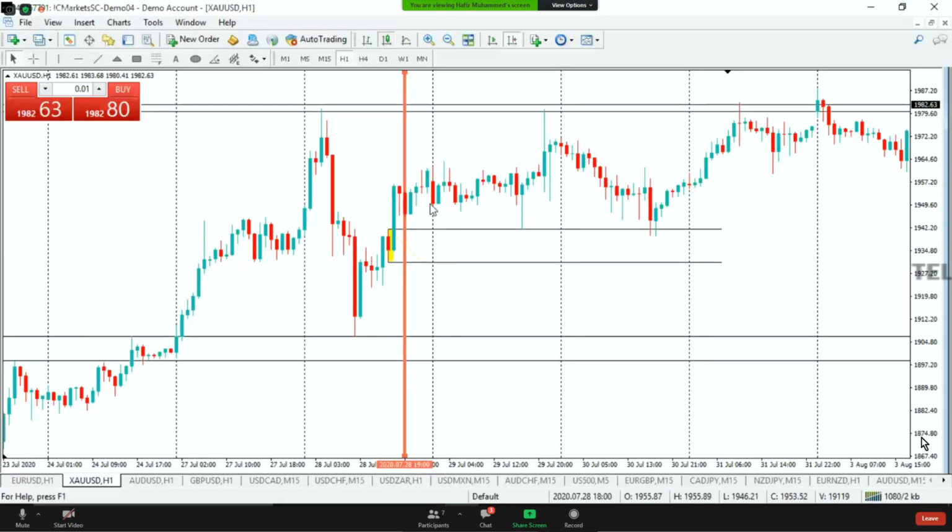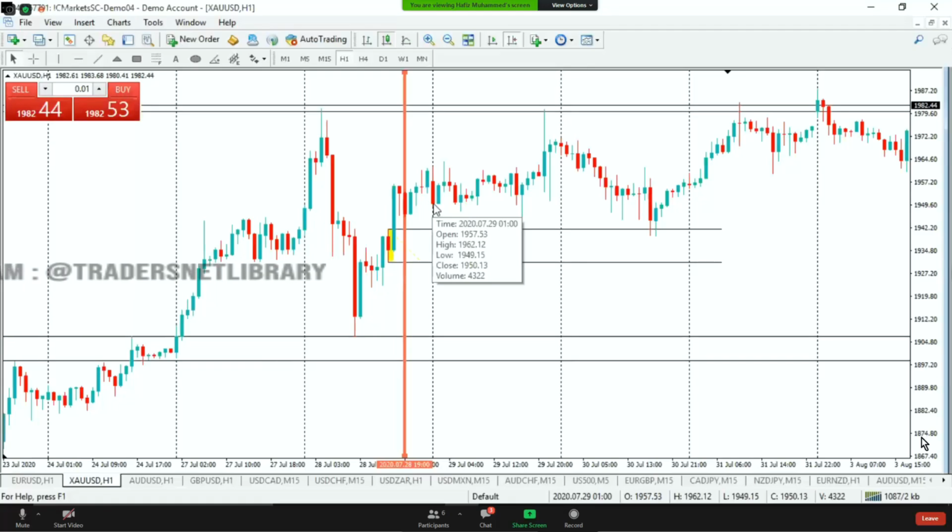It's close to the current market price. This was the current market price by the time he made the analysis, and he posted it to the group that price is going to turn right away after this. So this is the clean breakout.